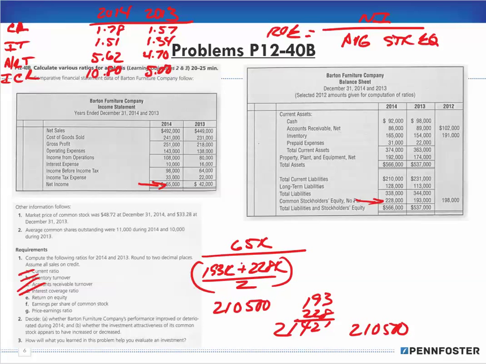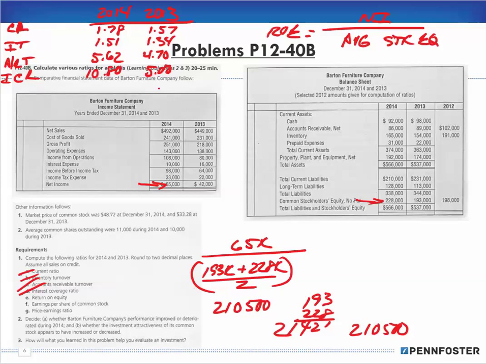Let me just make sure that's right. Let me do the math on the calculator. 421,000 divided by 2, right, 210,500.